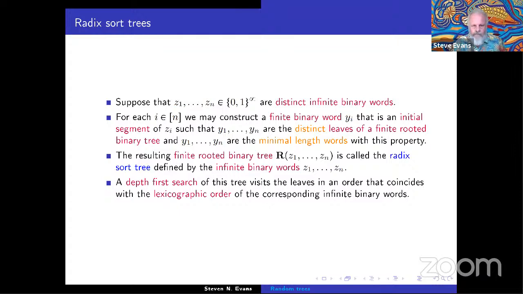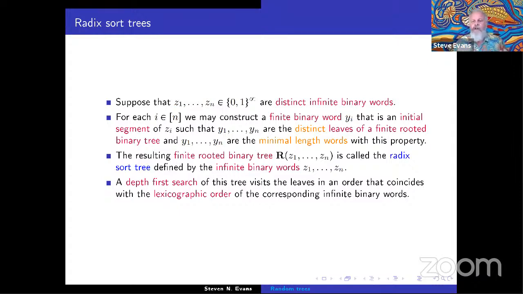Then a realization that you can make is that you can construct a sequence of n finite binary words, y1 up to yn, such that yi is an initial segment of zi, and y1 up to yn are the distinct leaves of a finite rooted binary tree, and y1 up to yn are the minimal length words with this property.